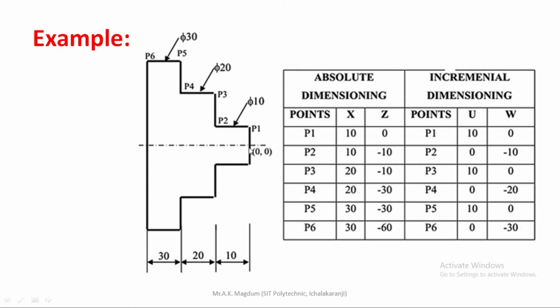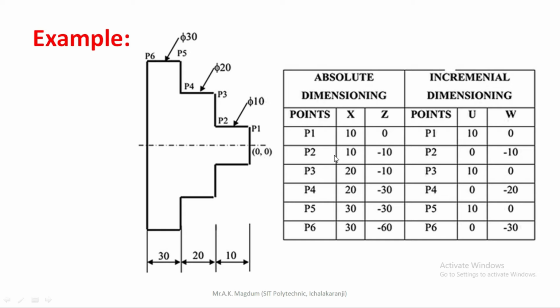But when you compare with incremental dimensioning, P1 is 10, no doubt, because we are considering the x-axis dimensions as diametrical values, and for W it is also the same, that is 0.